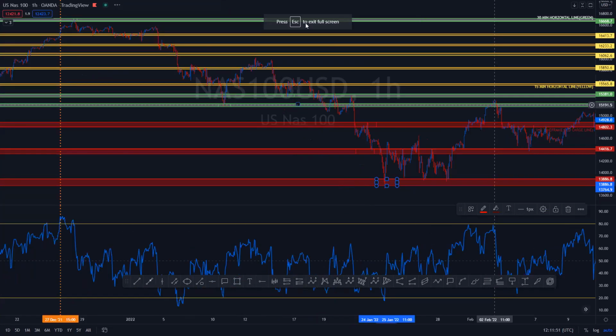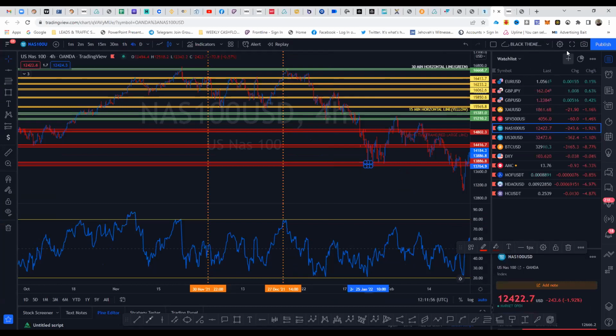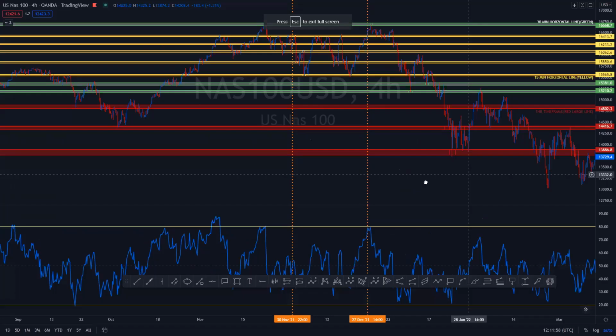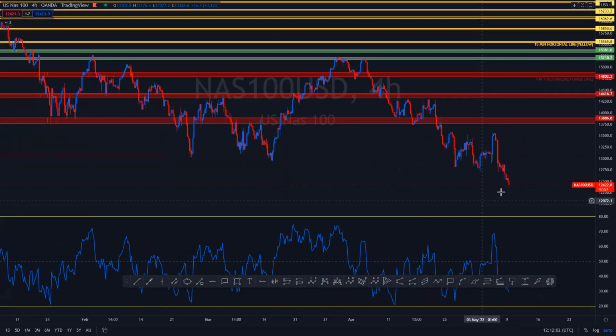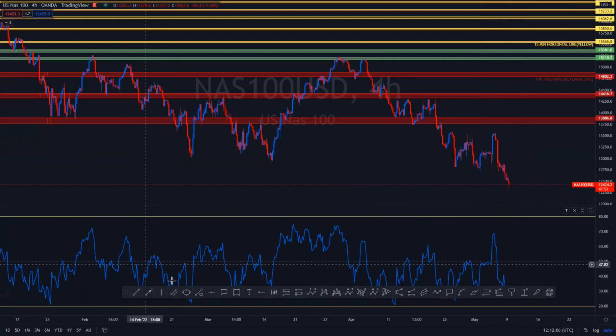So now that we've done that, now we're going to put on the 4-hour time frame. And now we're going to mark up the 4-hour time frame all the way to current price here. So I'm going to grab a horizontal line here.